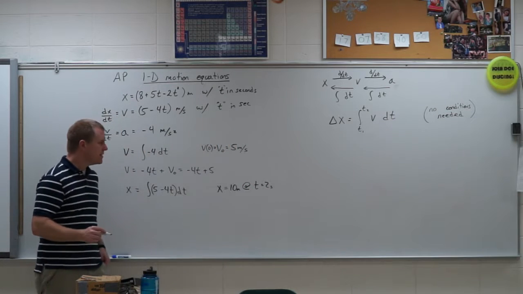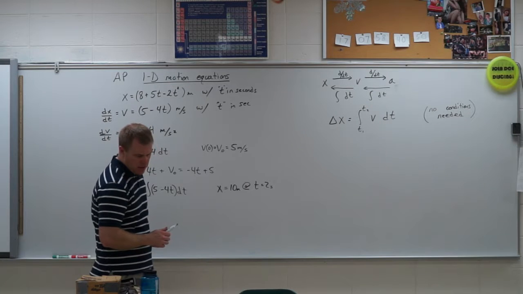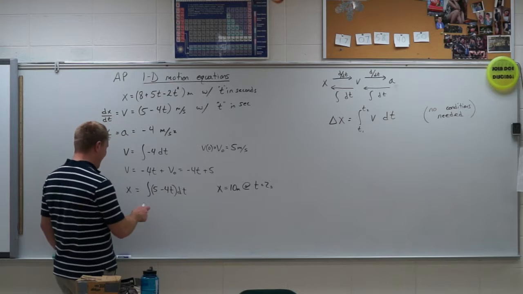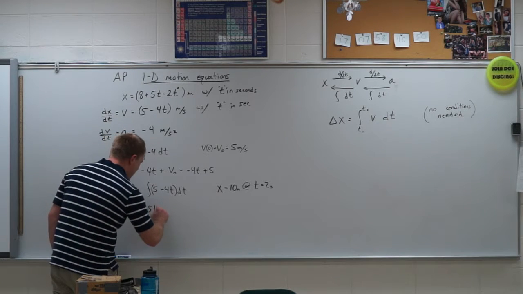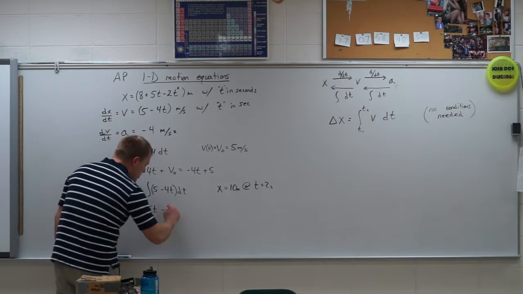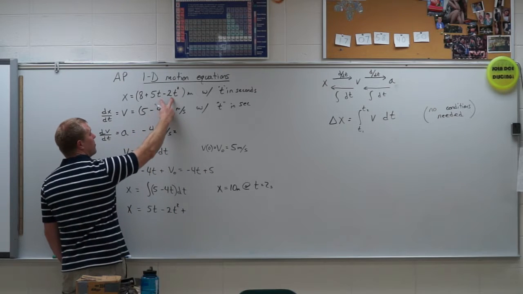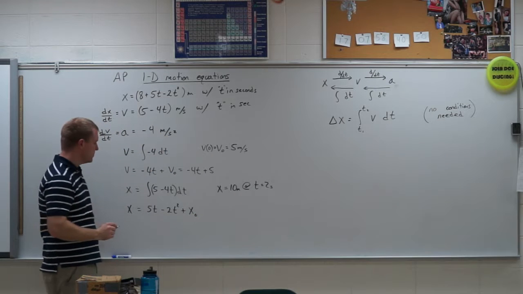So x is equal to, I get 5t minus, all right, so I'm going to take the integral. So this becomes 2t squared. So we're on par so far. We just need this plus x naught value.